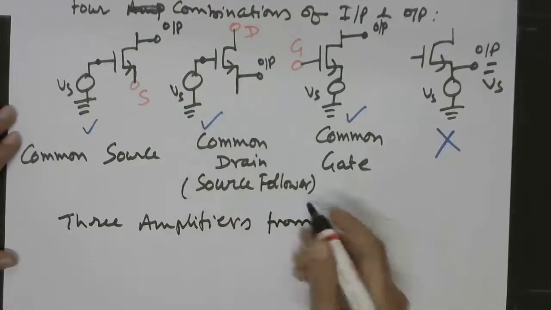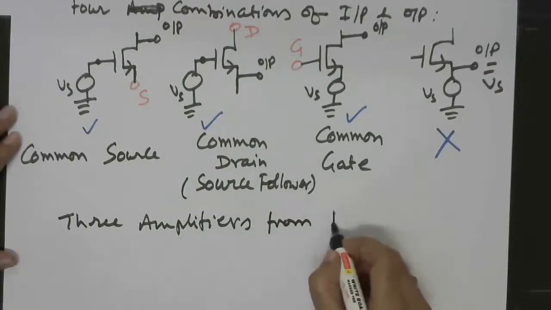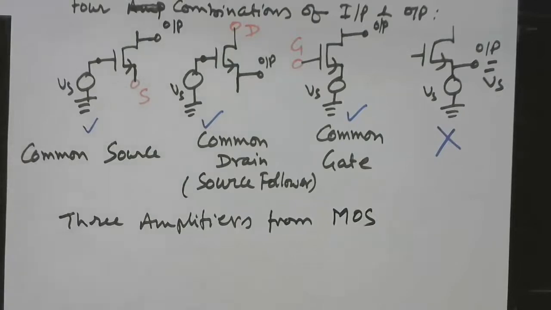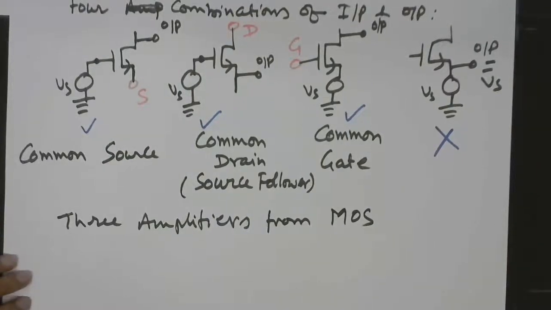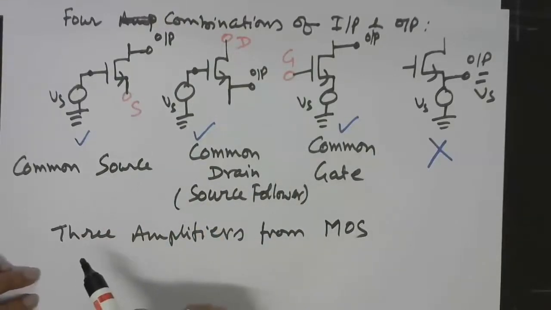But the same configuration can also be implemented using PMOS also. So we say that simply three amplifiers can be created out of MOS device. So our goal in the next two classes will be to analyze each of these.